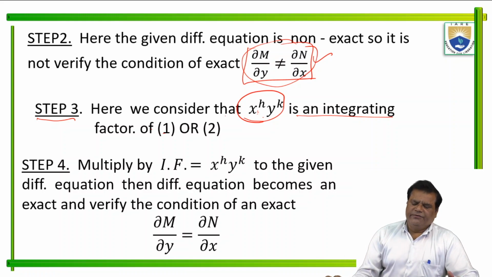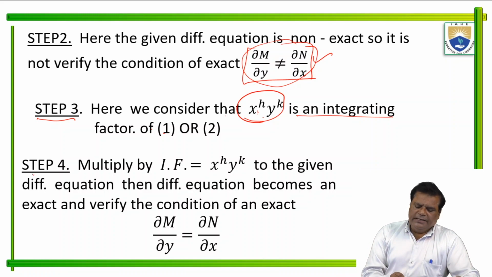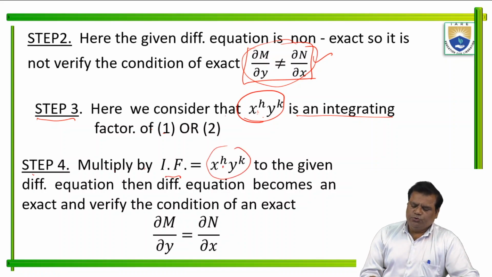This is the integrating factor I am considering. Step 4: multiply this integrating factor x to the power h into y to the power k to the given differential equation. Then the differential equation becomes exact.